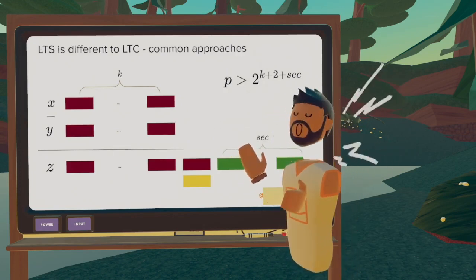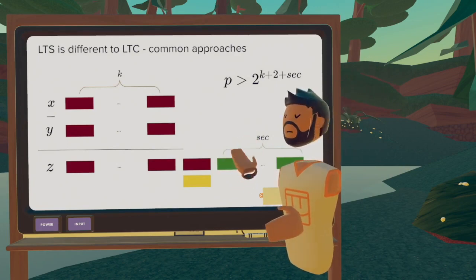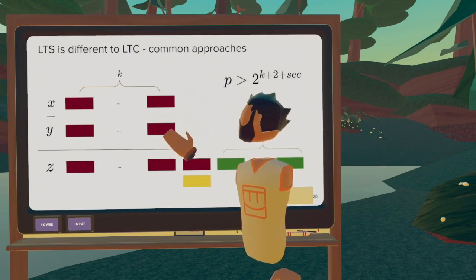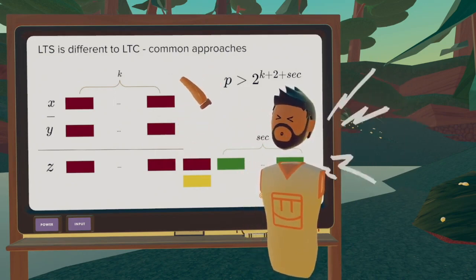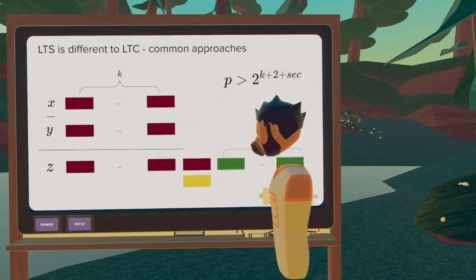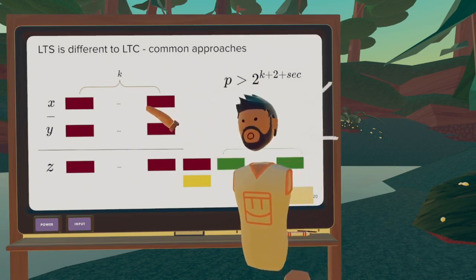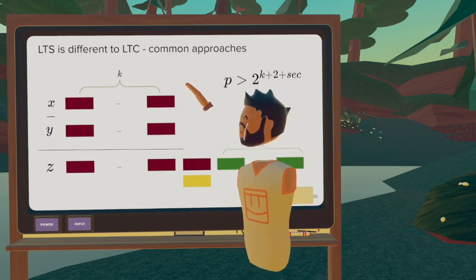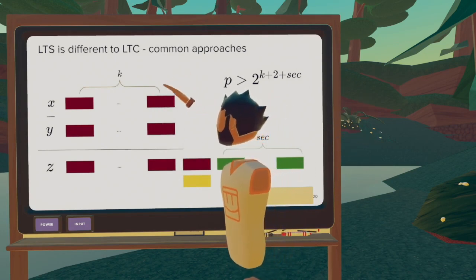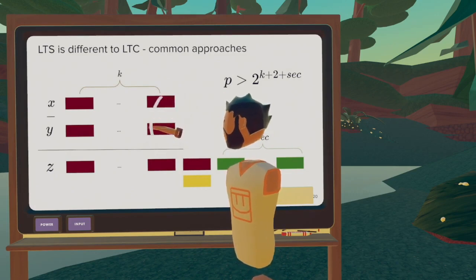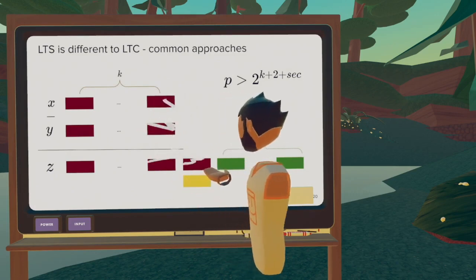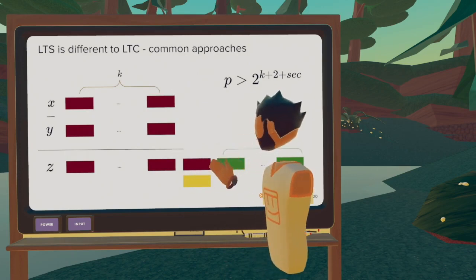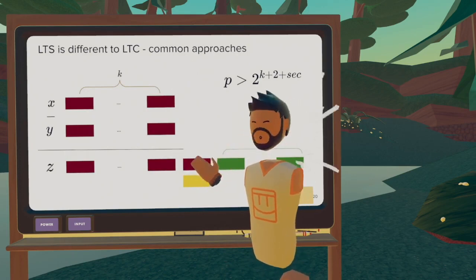Now, this is basically what we needed in order to understand the previous types of protocols for computing whether, let's say, x is smaller than y. This is also called LTS in our paper, less than secret. If we want to compare whether x is smaller than y, what the common approaches usually did is, if x is a k-bit number, we add minus y to it, and we end up with this number z, which is k plus 1 bits long, and we need to force this to be positive.